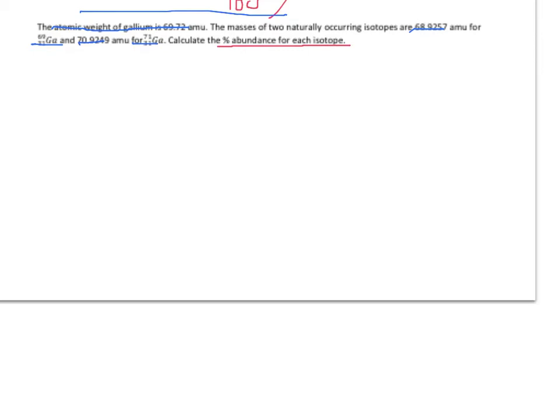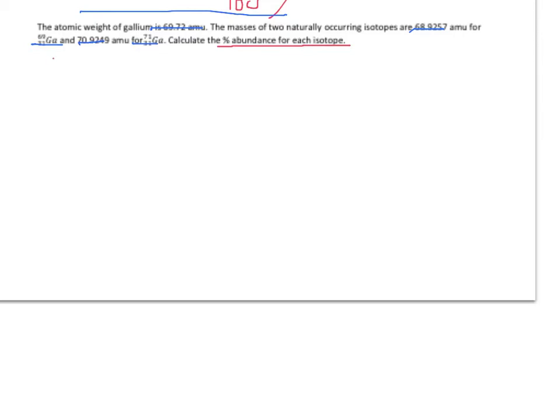First thing you need to do, think about it logically. You know how to calculate atomic weight. So let's start by writing the equation to calculate atomic weight.